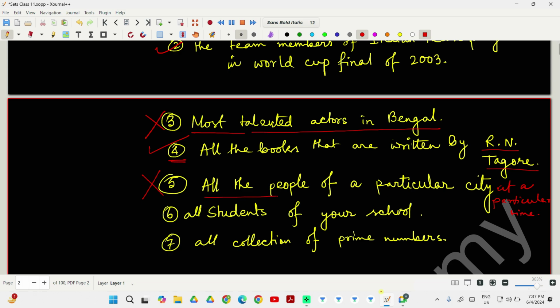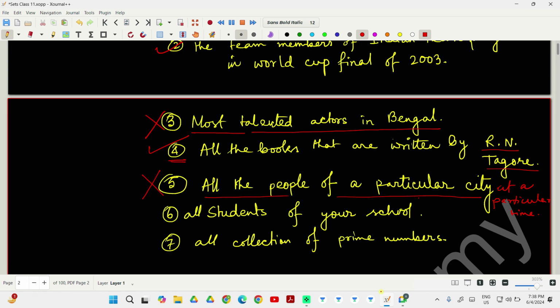So all the people of a particular city, because suppose a man lived in a city in 1990, now he does not live there. If you take him, now he is not in the city, but once upon a time he was in the city, right?